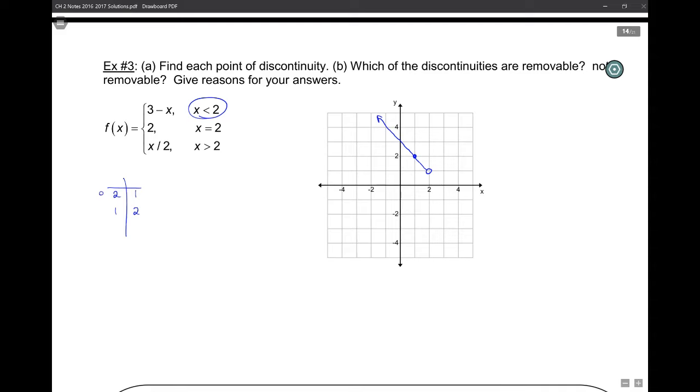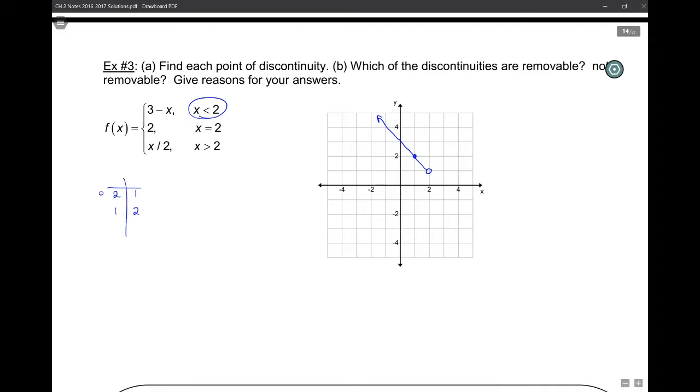You could have a removable discontinuity, but all I need, and all the AP exam will ever ask for, is an x value. So x equals 2.